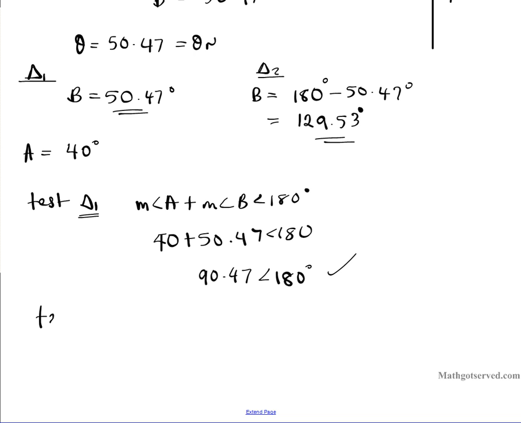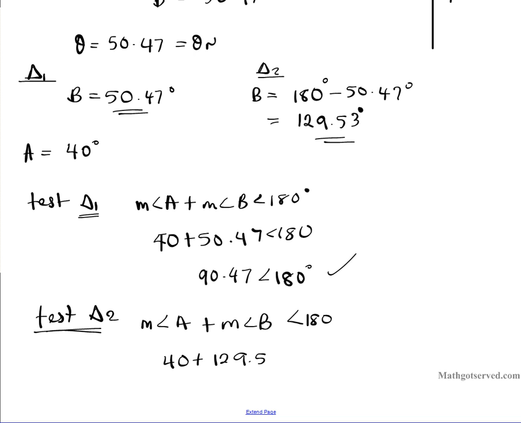Now let's test triangle 2 to see if this combination of angles works. Same question: is the measure of angle A plus the second measure of angle B less than 180? Angle A is 40. If I add the second measure, which is 129.53, what do I get?